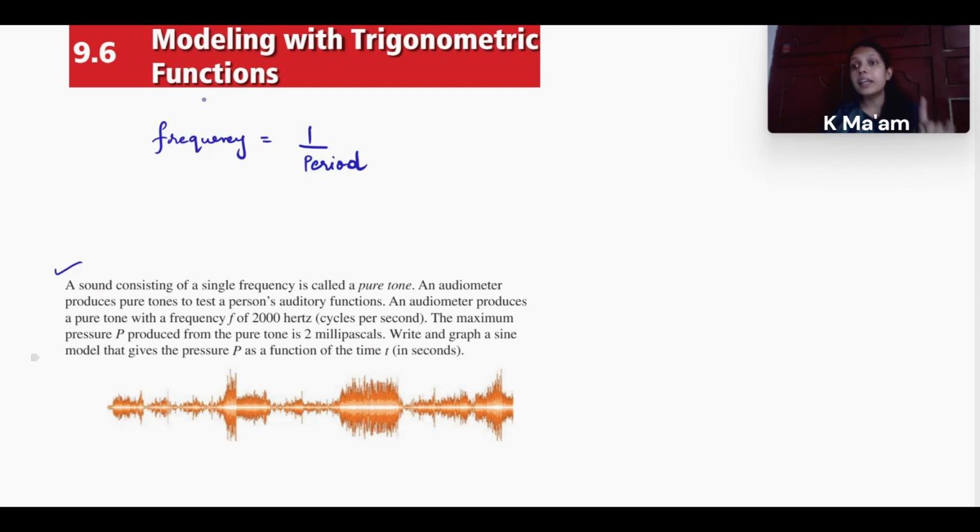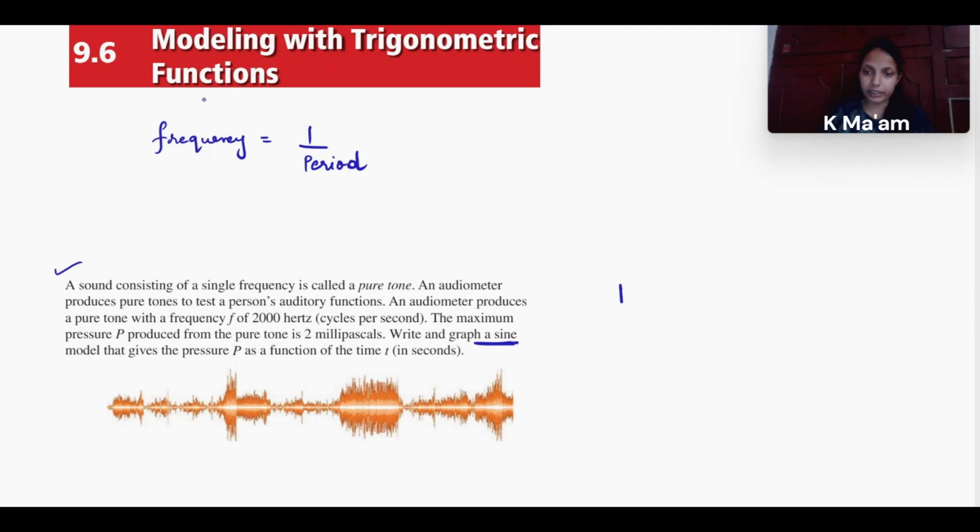So that means in 1 second it creates 2000 cycles. The maximum pressure P produced from the pure tone is 2 millipascal. Write the graph as a sine model. You have to write a sine function that gives you pressure P as a function of the time.